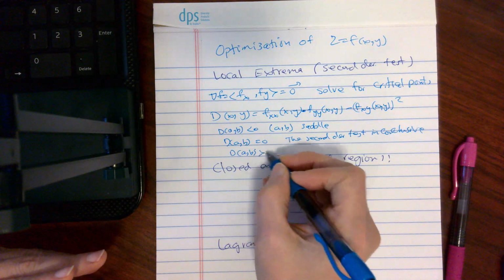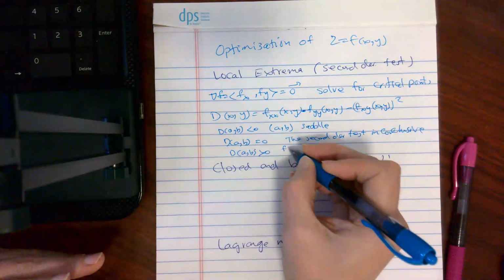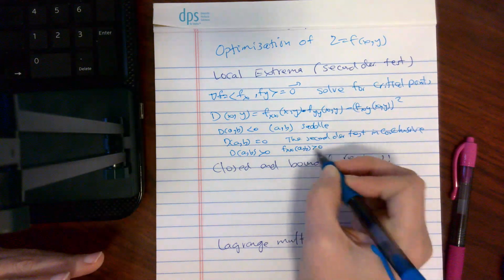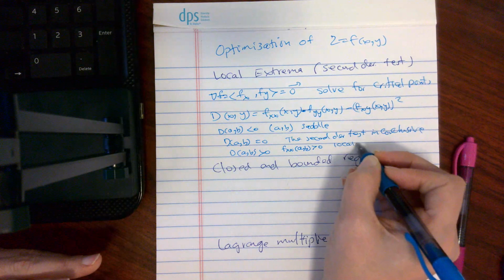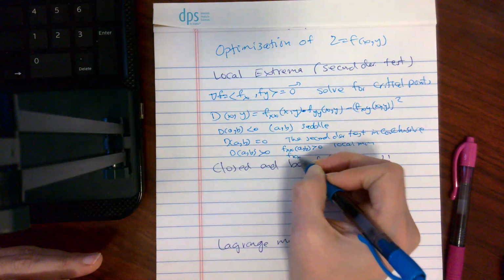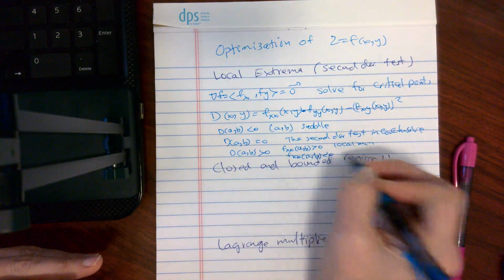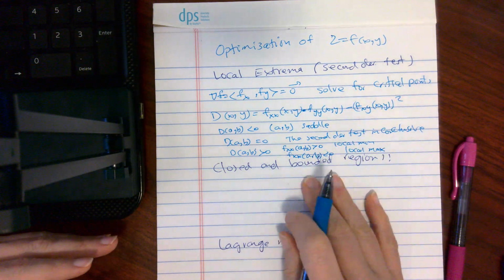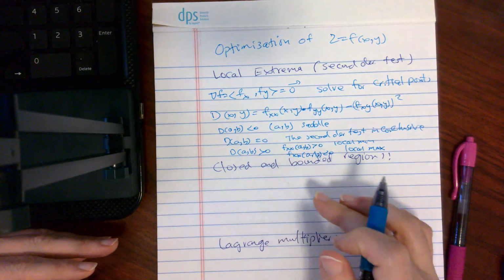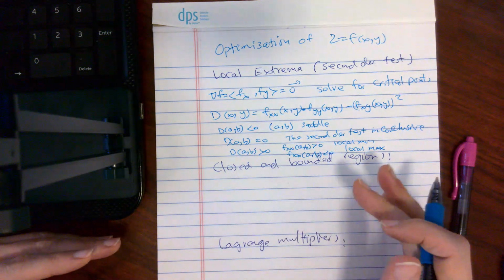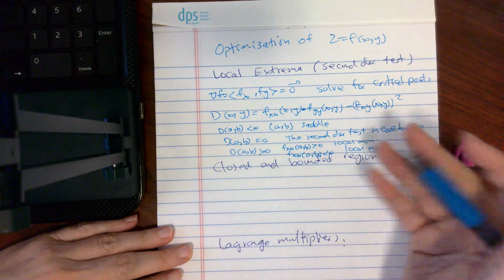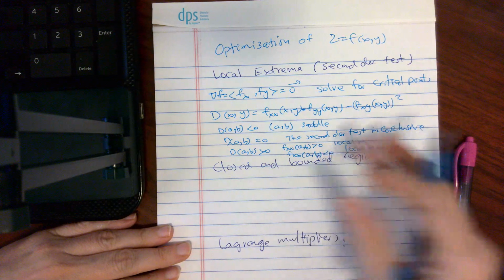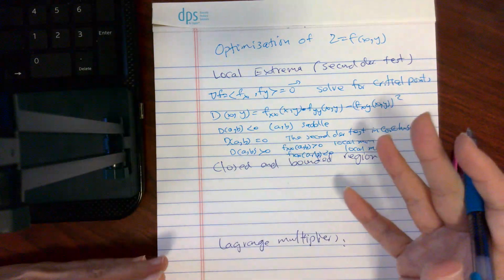And then if D is bigger than 0, if f sub x x of a and b is bigger than 0, then local min, and if f sub x x of a and b is less than 0, local max. And again, we learned that if D is bigger than 0 and f sub x x is bigger than 0, then f sub y y has to be bigger than 0.